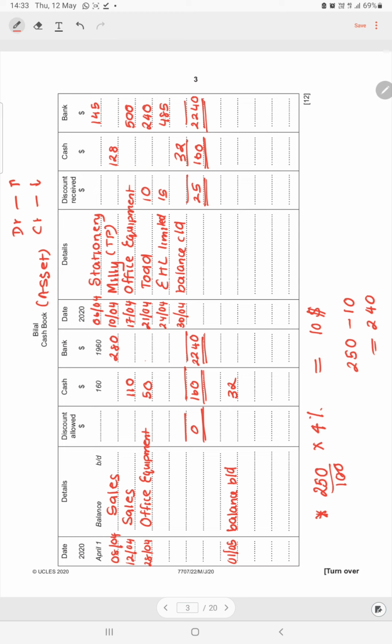So 145 plus 485, 585 plus 620, 630, that is, yeah, 630 plus 500 is 1130 plus 240, 1370. Yes, 1370 minus 2240, which gives us 870. So this is our closing balance.